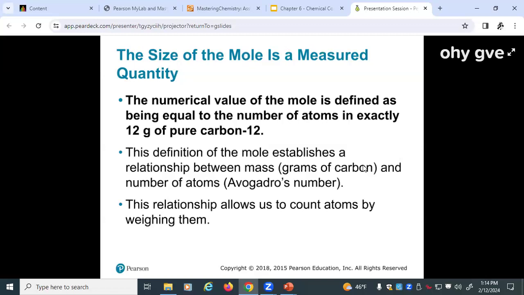So this definition allows us to put a link between the concept of grams, which we can easily measure, and atoms, which we cannot measure easily at all. The mole helps us to make that bridge between them.